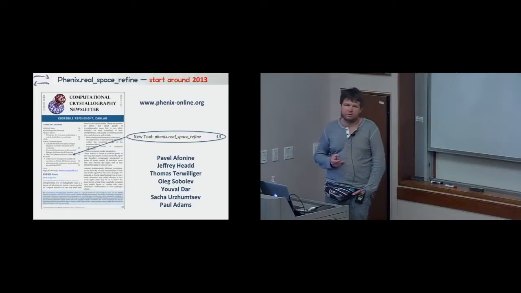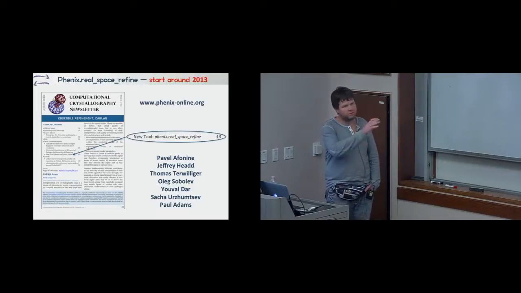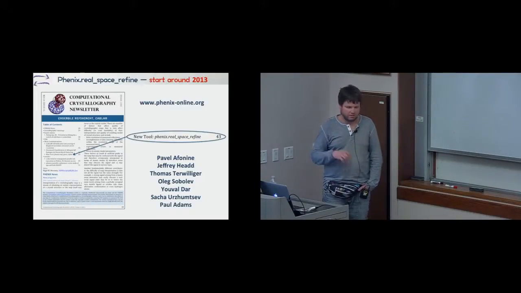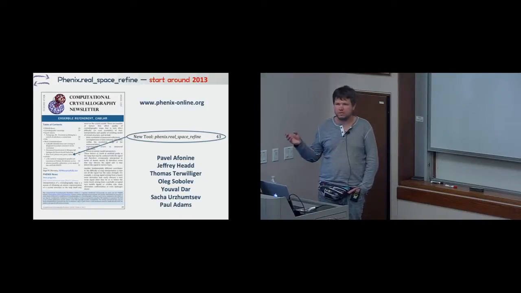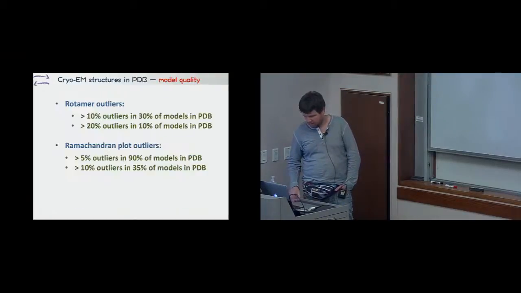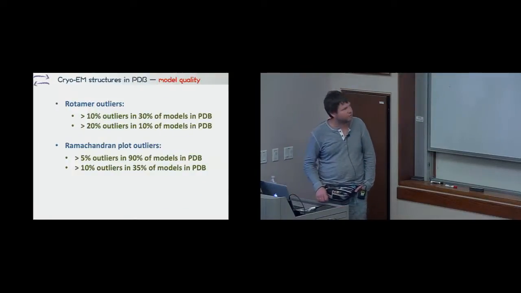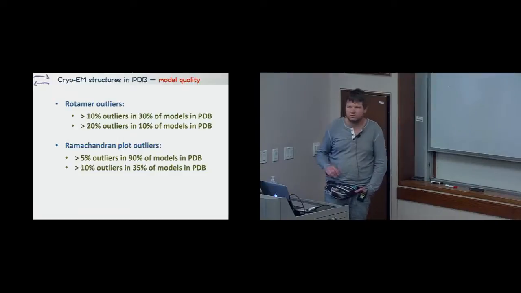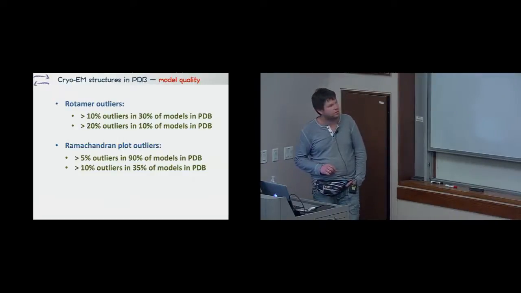I wanted to outline the challenges and observations I found while working on this. My approach was, okay, I wrote that tool, it can refine models into maps, but then I started looking into cryo-EM structures in databases like the PDB and EMDB. One shocking observation was that these structures are not very good geometrically.